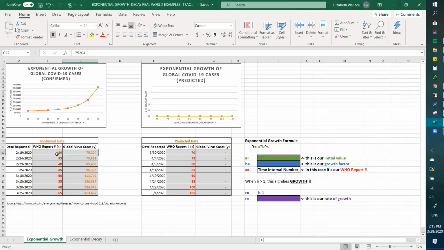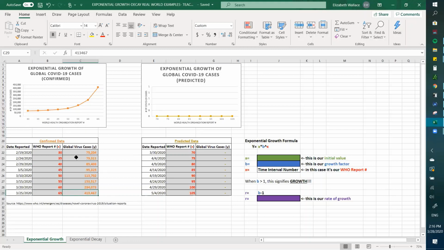So by the 30th day of the World Health Organization reporting these cases globally, we had approximately 75,000 global cases. By the 65th day, we had actually over 400,000. So I plotted these over time. It's by report, so this signifies every 5 days.